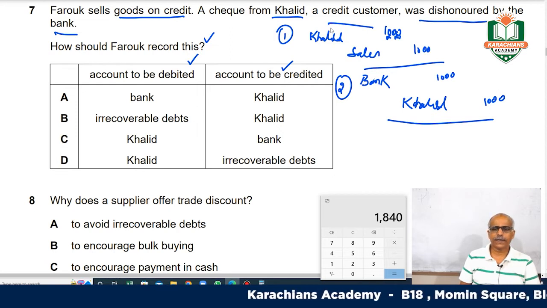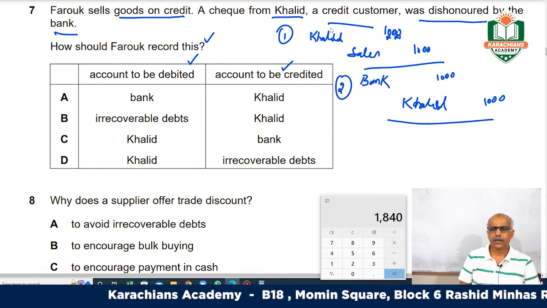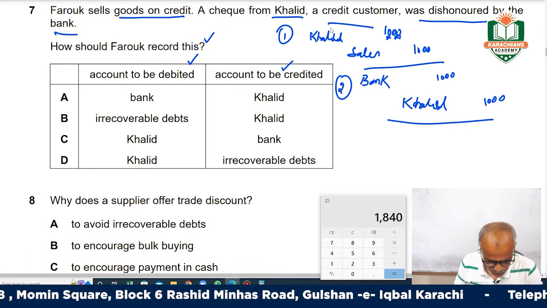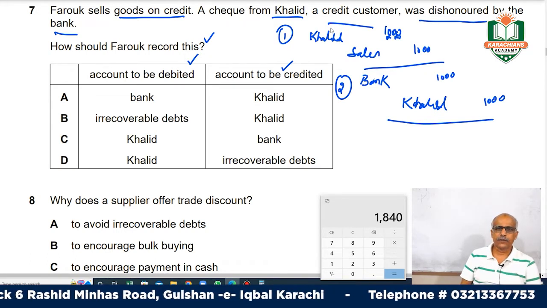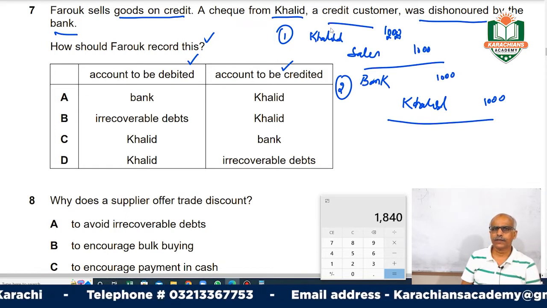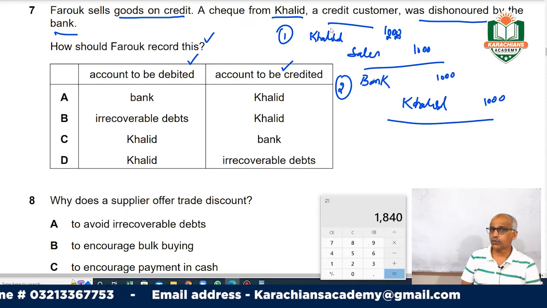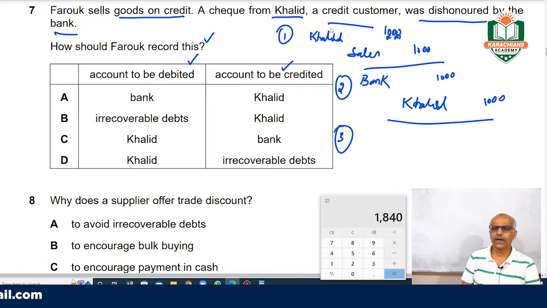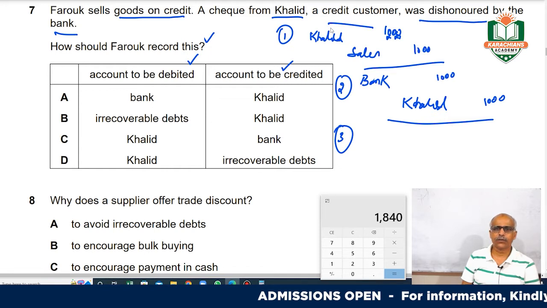When he sent this check in clearance, at a later stage the check goes to Khalid's bank, and if there is no balance, then the banker returns it due to insufficient funds. So what entry is made? When you got the check, you credited your customer and debited your bank.